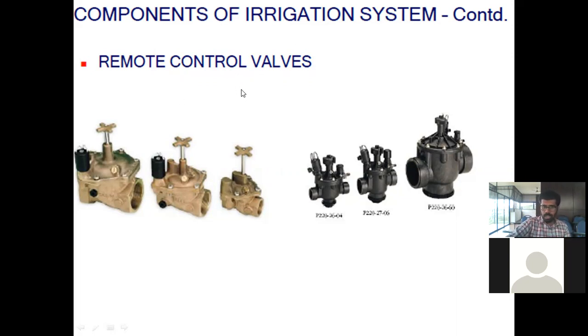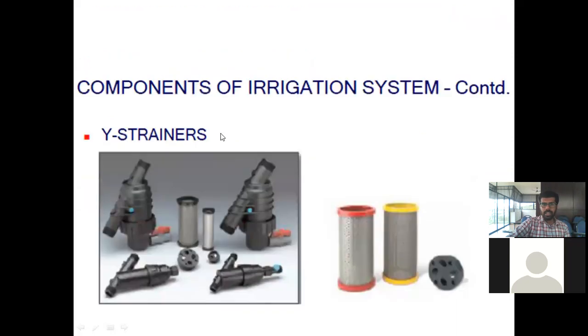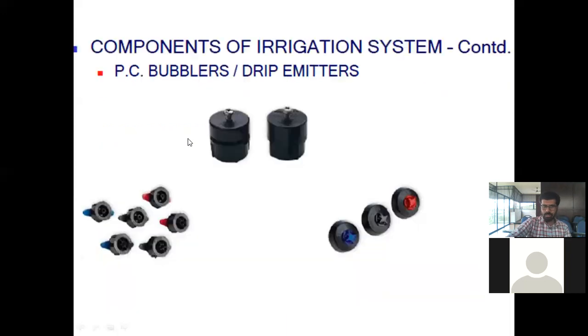There are remote control valves, and wye strainers. Wye strainers act as a filtering system, where sediments and other unwanted particles can be stored inside it, and purified water can be sent onward. Then there are bubblers or drip emitters.